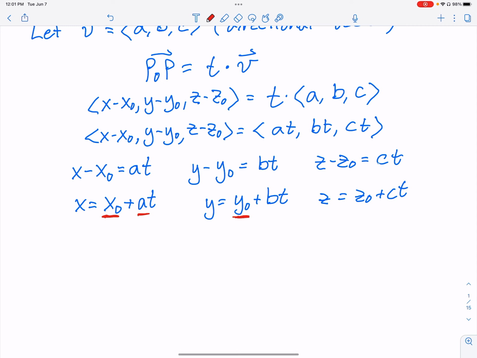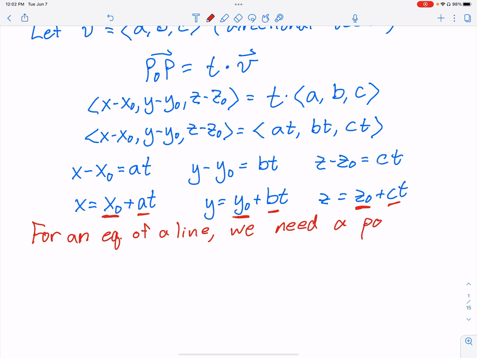Notice that y naught is part of the point given to us, and B is the directional vector, and then z naught and C. So for an equation of a line, we need a point, x naught, y naught, and z naught, and a directional vector.